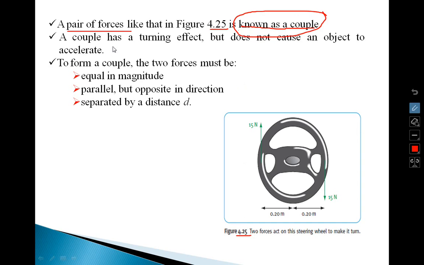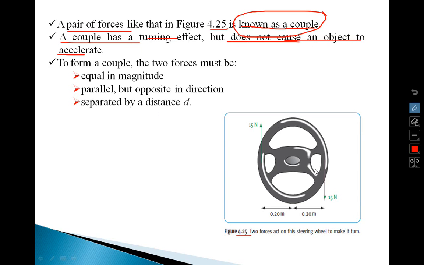So what's a couple? A couple has a turning effect, but doesn't cause an object to accelerate. This is the couple. A couple has a turning effect, but doesn't cause an object to accelerate.